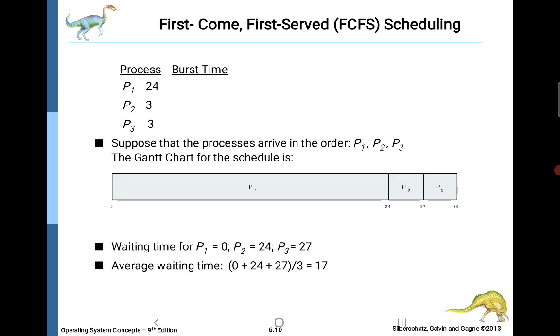So first come, first served is easy, straightforward, easy to implement, but it doesn't take into consideration the actual execution time of a process. That usually leads to increased waiting time of the processes with shorter execution time.